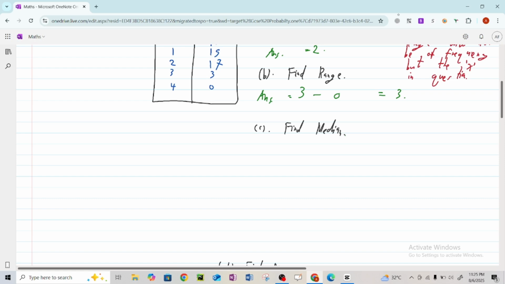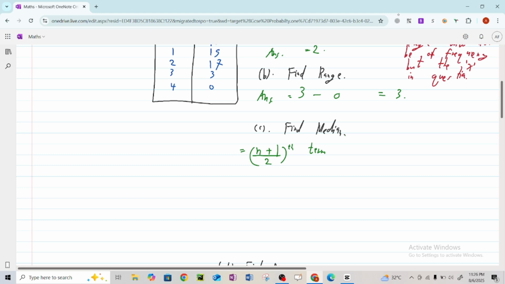Now to find the median, you have to know 2 things here. One thing is the formula for the median, that is n plus 1 divided by 2, the 2nd term. Term basically means whatever answer you get here will not give you the actual answer, it will give you the term that will give you the answer. I'm going to explain what that means.